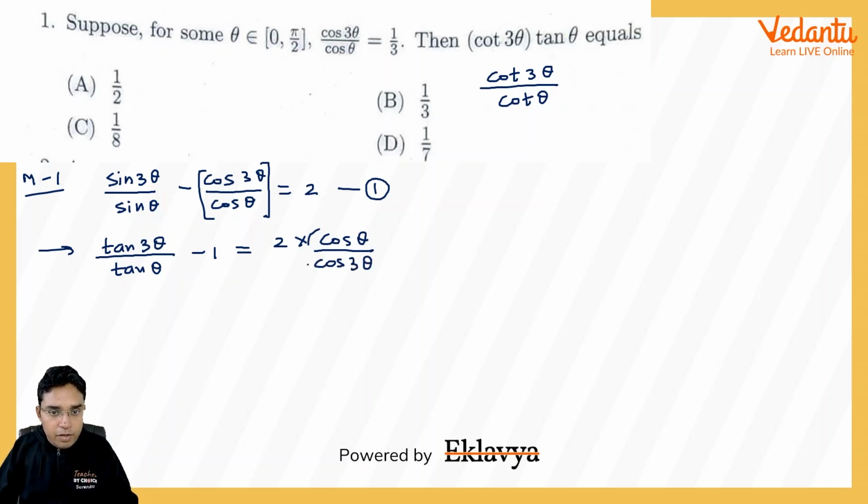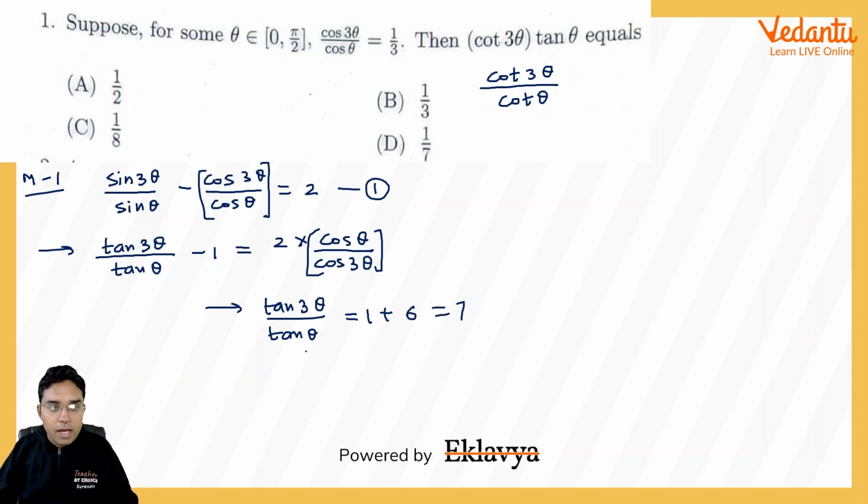So this value we are given as 3, because this is cos theta upon cos 3 theta, and hence we get tan 3 theta upon tan theta equal to 1 plus 6, that is 7.